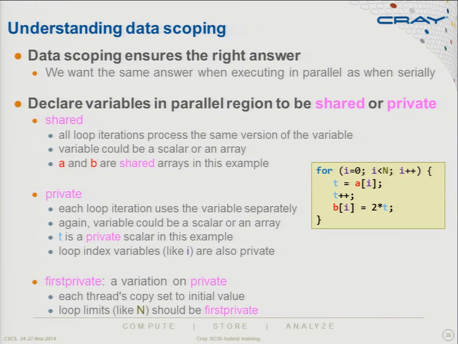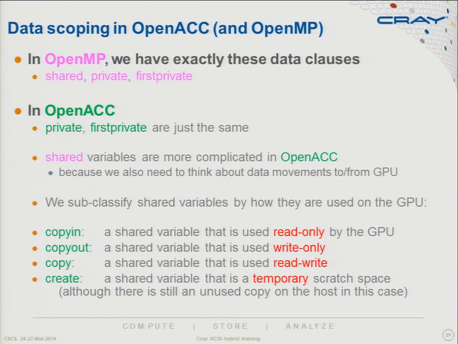Firstprivate is a variation on private. Let's not worry about that for this. In OpenMP, that's exactly what you write: you declare these variables to be shared or private. In OpenACC, private is the same, but shared is more complicated. Shared is more complicated because, as well as saying this data is shared between the threads on the GPU, how did the data get to and from the GPU? Should it move or not?